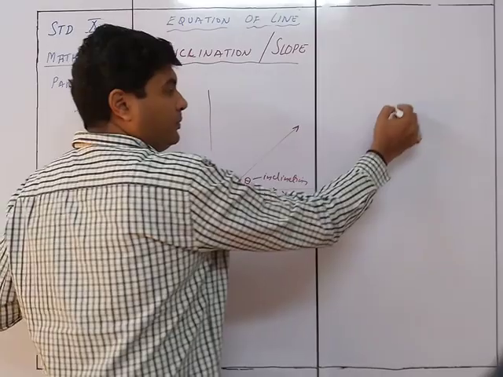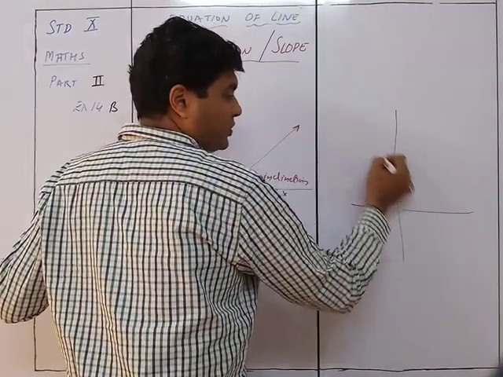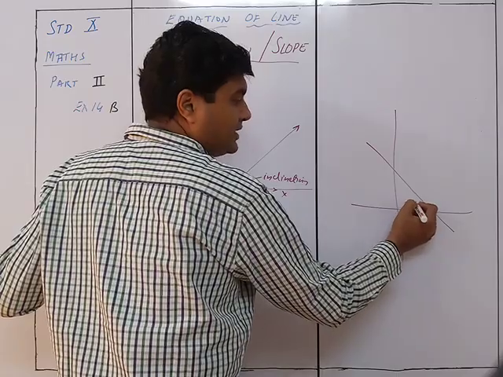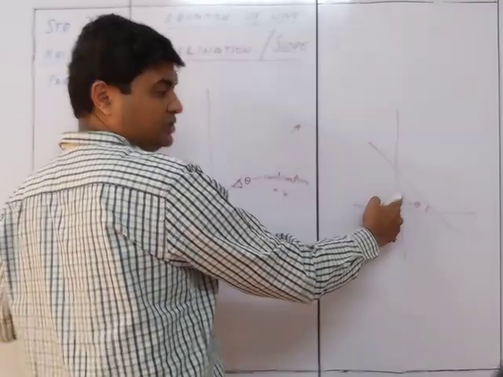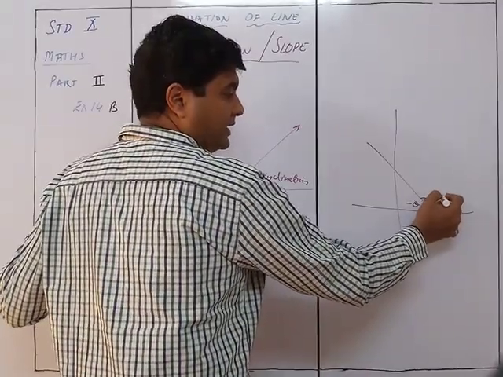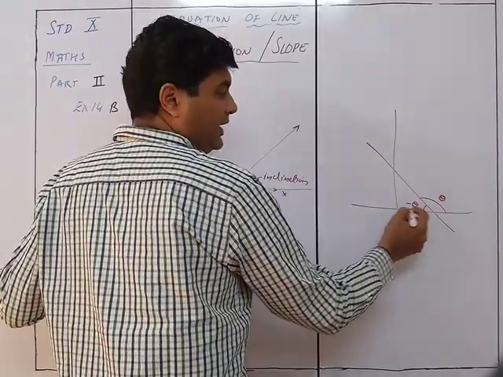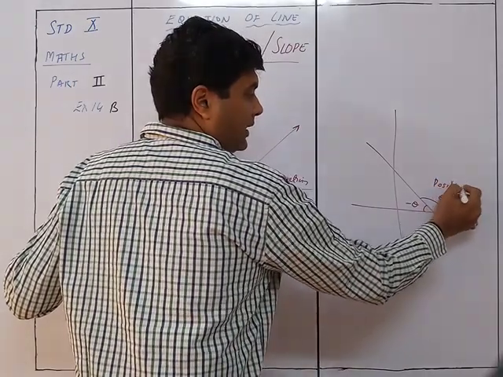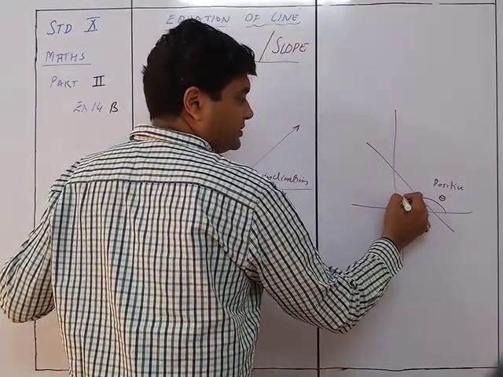Now, if the line is going like this, then the inclination over here is minus theta. So this is negative inclination. In such a case, we can also take this as the inclination. This is positive inclination and this is negative inclination.